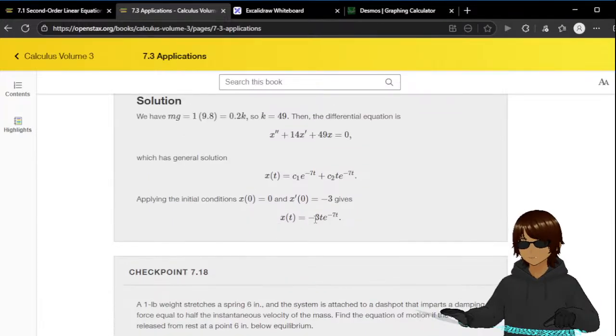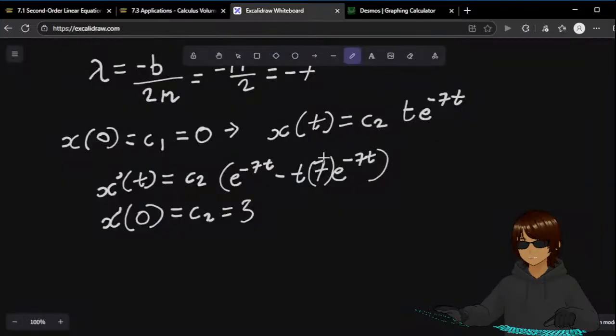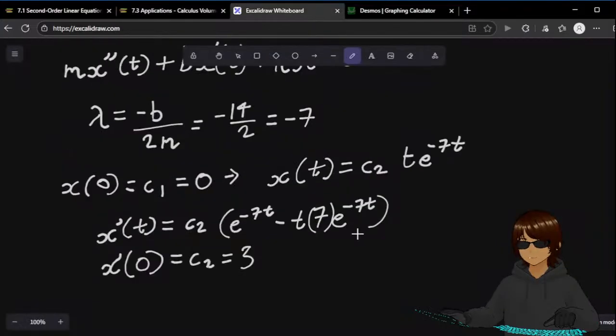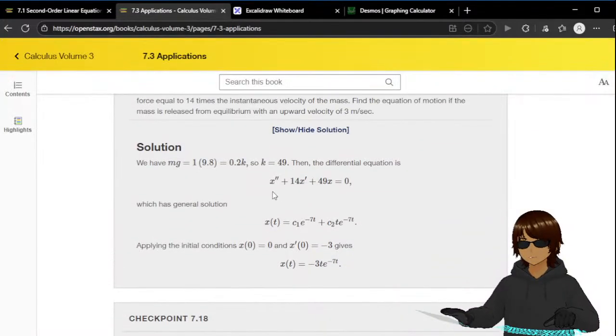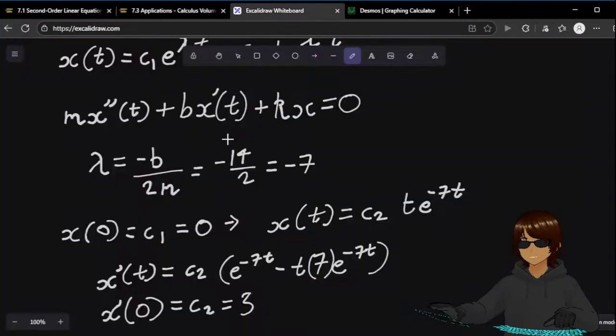Why minus 3? Derivative of x: derivative of the first times the second plus the first times... why is it minus 3? What is their equation?